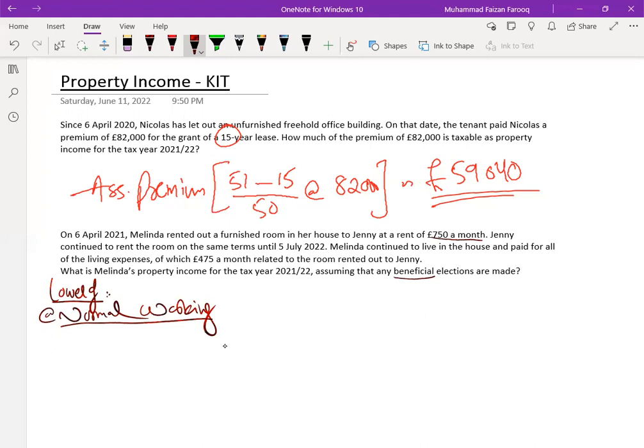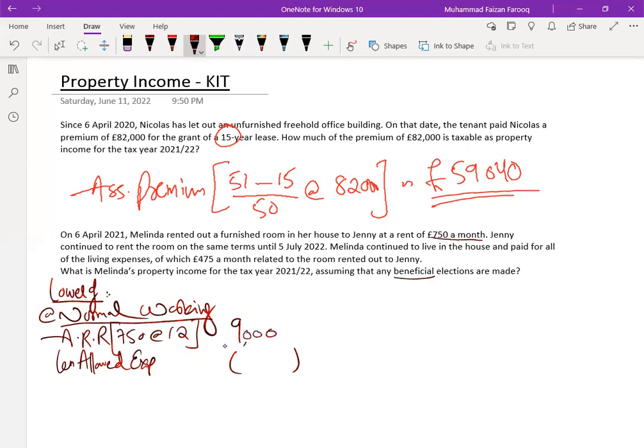More than the tax year, but we will focus on the tax year, right or wrong? Yes. 750 a month, 12 months receipt. How much? 9,000 is the annual rent. Okay, 750 into 12, right? Yes.